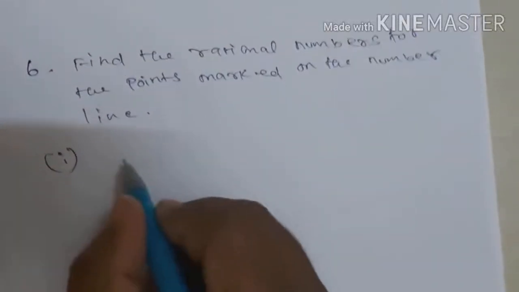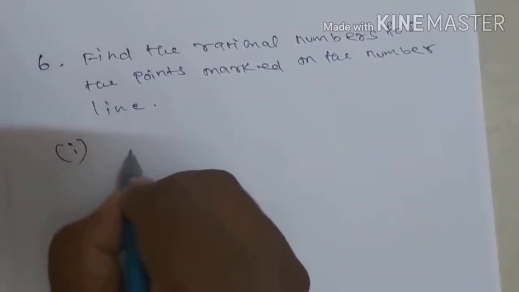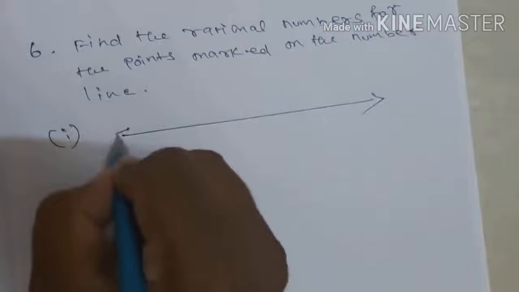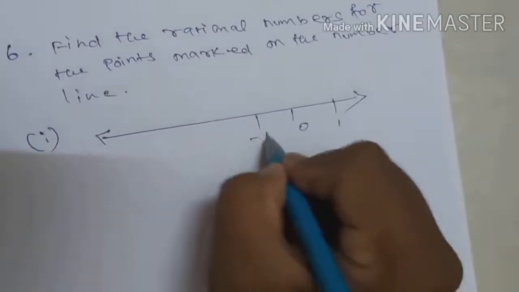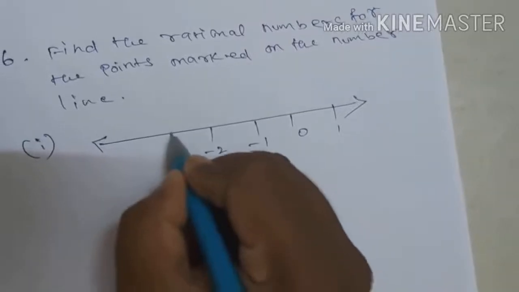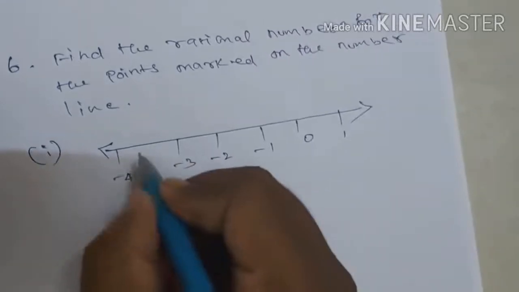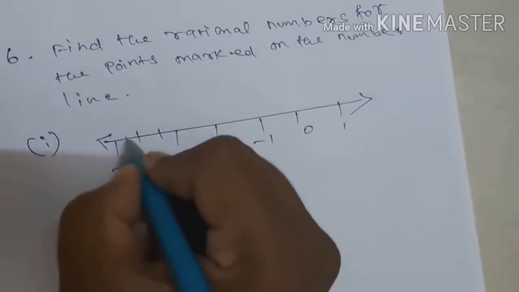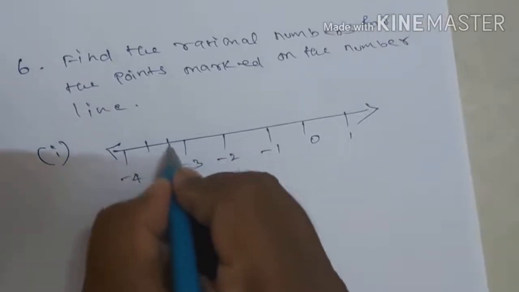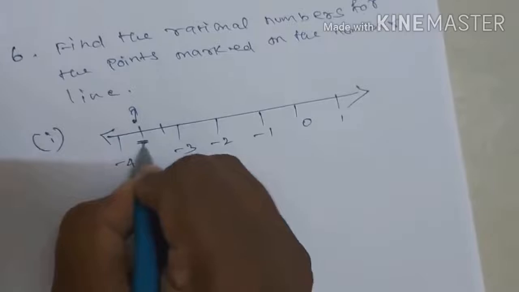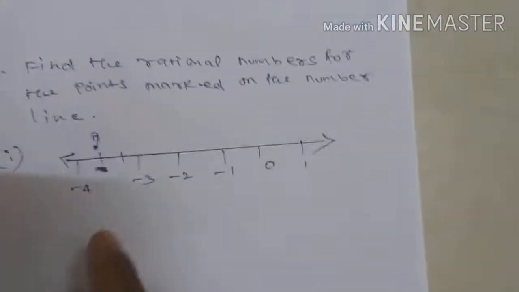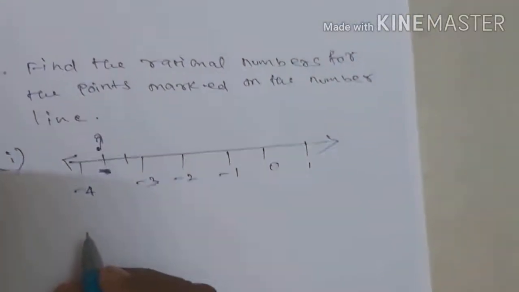How many parts is it divided into? 3 parts. The second part is where the question mark is. So the answer: the number lies between minus 3 and minus 4.